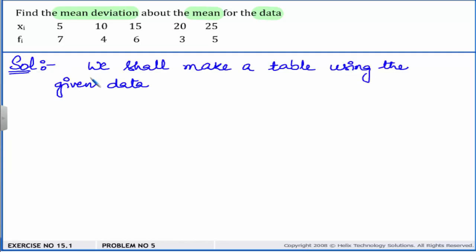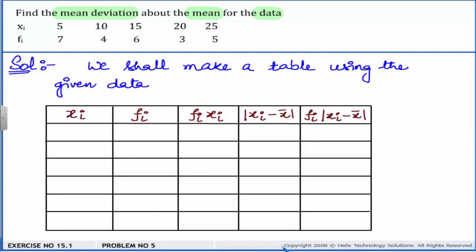In this question, you need to find out the mean deviation about the mean for the following data. Let's see the solution of this problem, how we shall proceed with this. We shall make a table using the given data. So here is the tabular form.